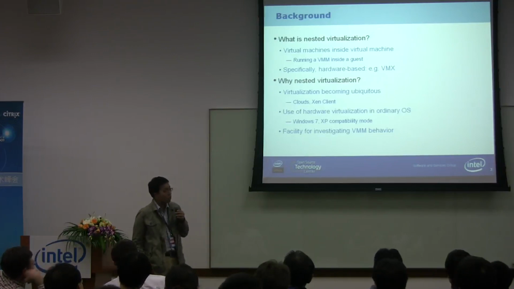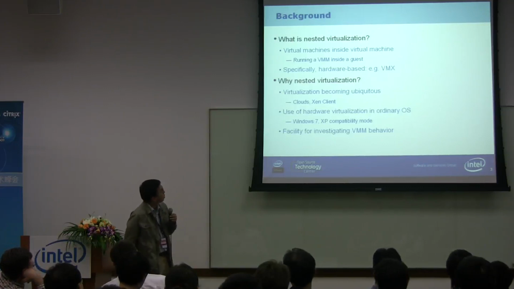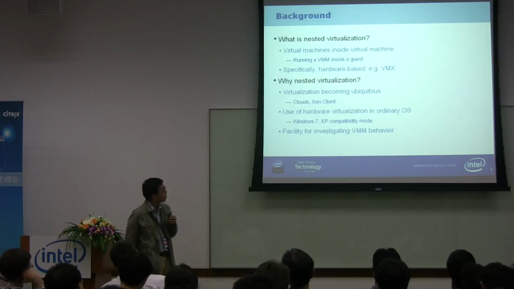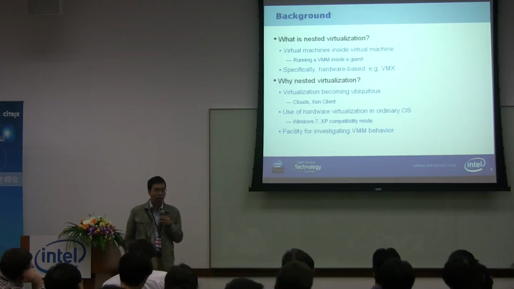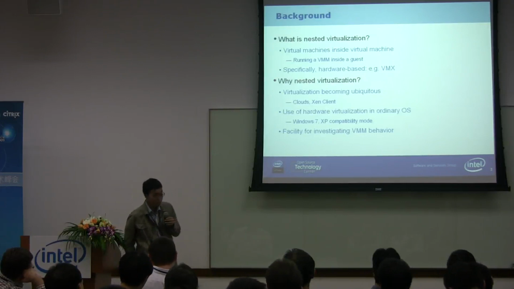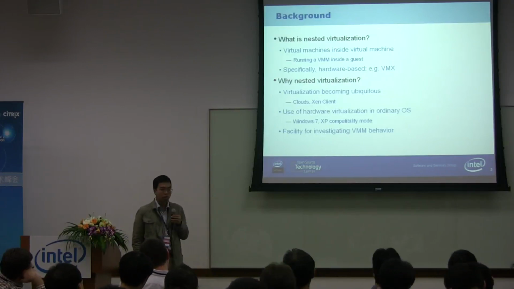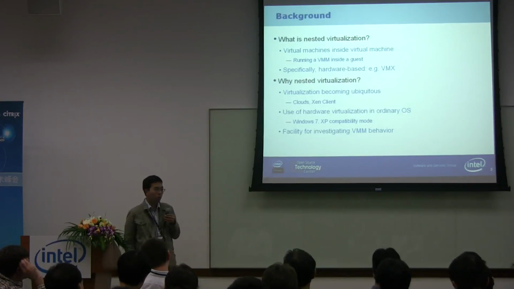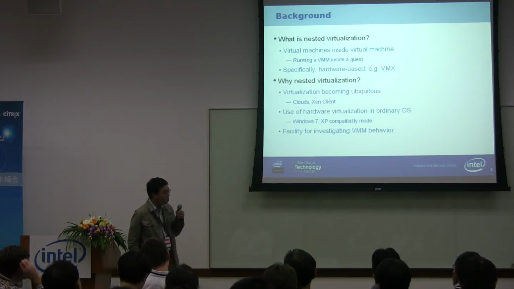So why are we doing this kind of job? First, as Ian pointed out this morning, virtualization has been becoming ubiquitous, like in the cloud or the Xen client. If Xen is everywhere, what if you need another layer of virtualization? What if you want to run a virtual machine in a typical client? In this situation, nested virtualization is needed.